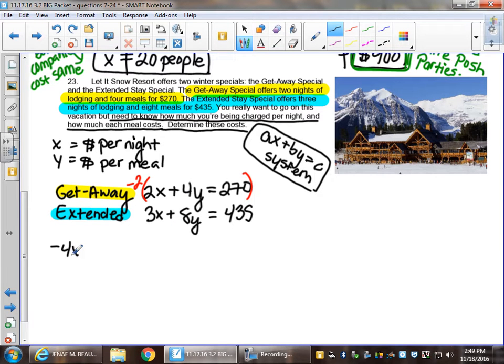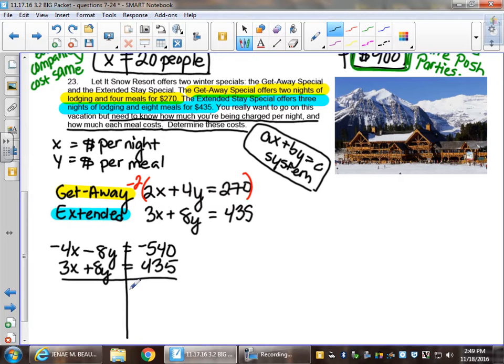So my new system becomes negative 4X minus 8Y equals 270 times negative 2, which is negative 540. That's what I got. And then the second equation we didn't touch, so we'll leave that one alone, just like it is. We are now ready to linearly combine these. Y's will cancel.